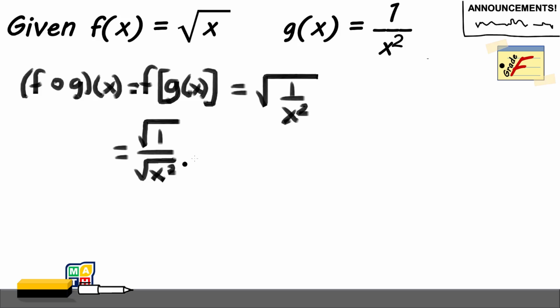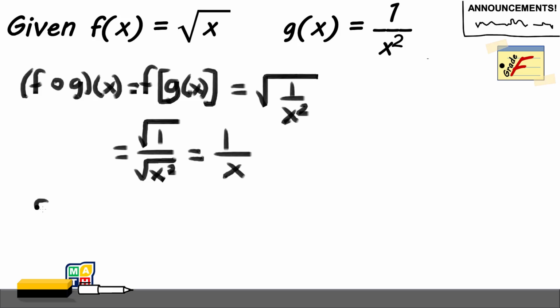Once we distribute them, we know that the square root of 1 is just equal to 1 over the square root of x squared, which is x, because 1 is a perfect square of 1, and x squared is a perfect square of x. This is the result for f of g of x.